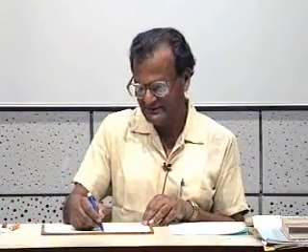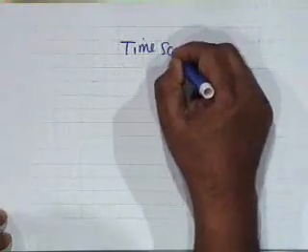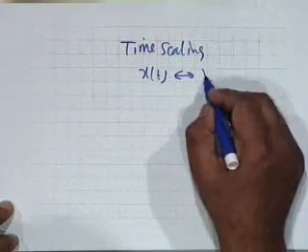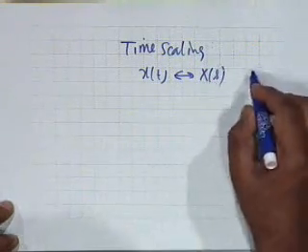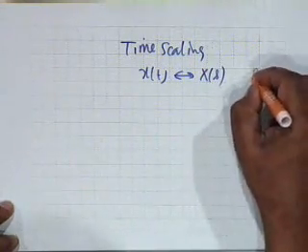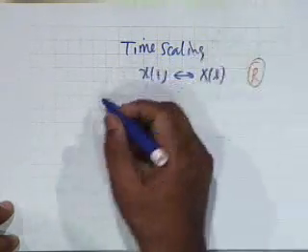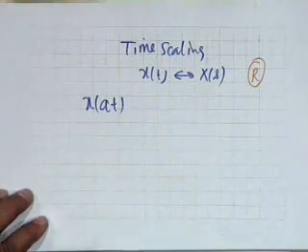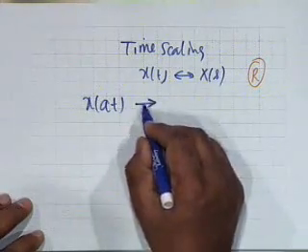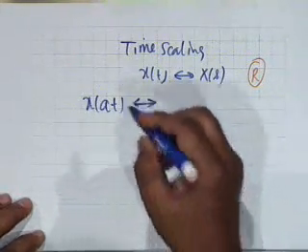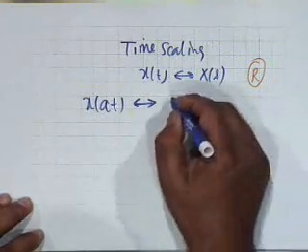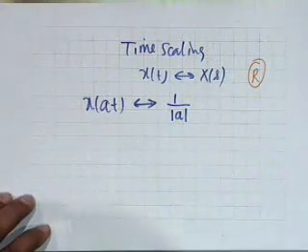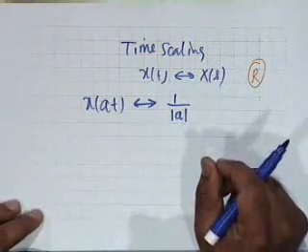Then let us say time scaling, that is x of t, capital X of s, the ROC is R. Then if I scale the time, x of a t, in an exactly similar manner as in Fourier transform, you can show that whether a is positive or negative, the transform gets scaled by the factor 1 by a.